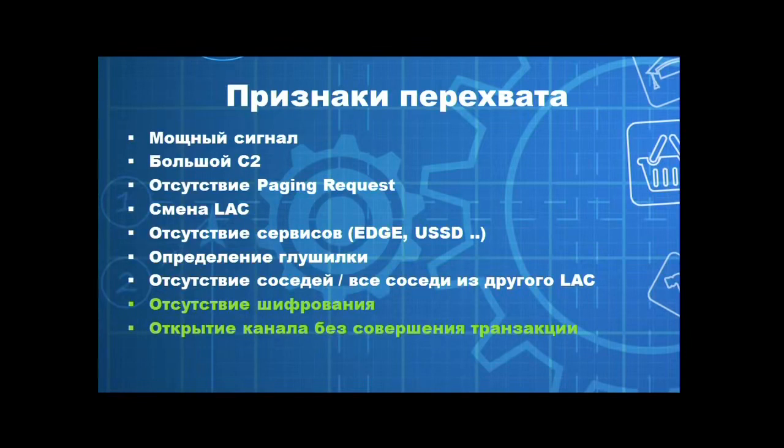So first of all, we look at the power of the signal to switch the subscriber to another node. The virtual one must be more powerful, and there's a KC2 coefficient which is used by the operator.